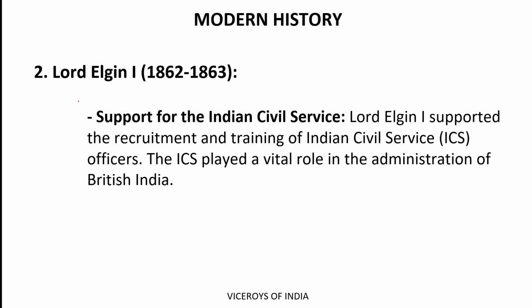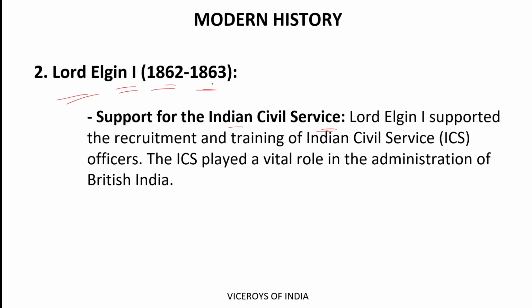Now we have Lord Elgin I, who was the Viceroy of India from 1862 to 1863. He was a person who supported the Indian Civil Services, the recruitment and training of Indian Civil Services officers. The ICS plays a vital role in the administration of British India.